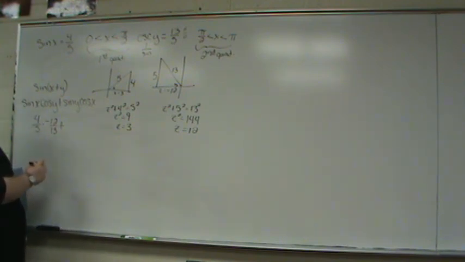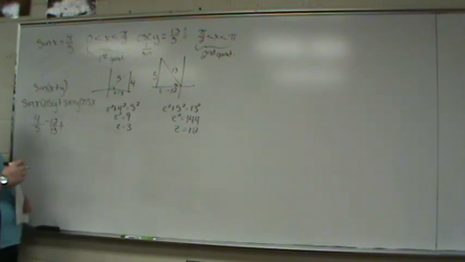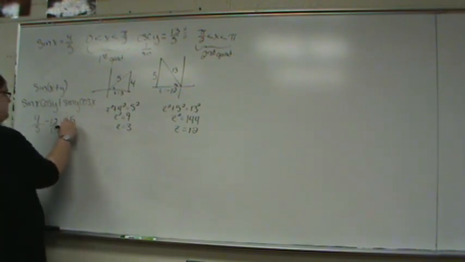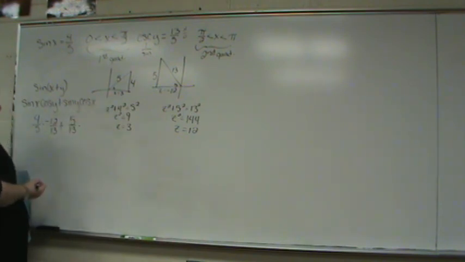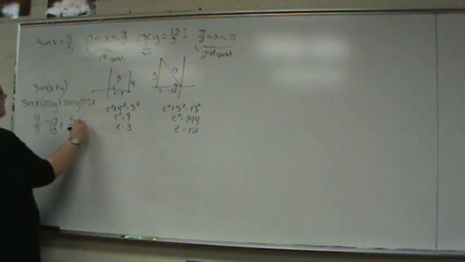The sine of y is 5 over 13. And then we're multiplying by the cosine of x, which is 3 over 5.